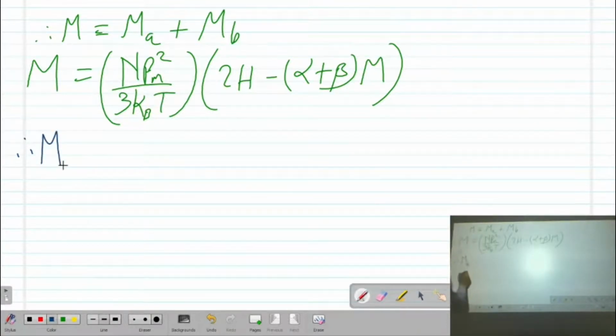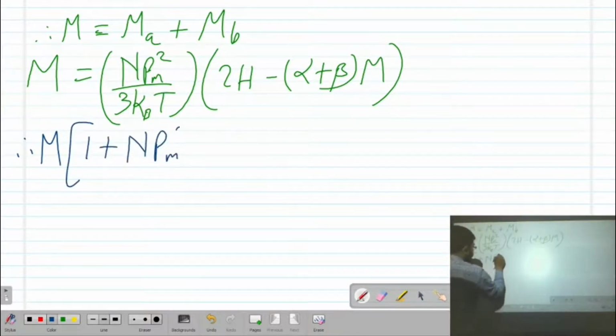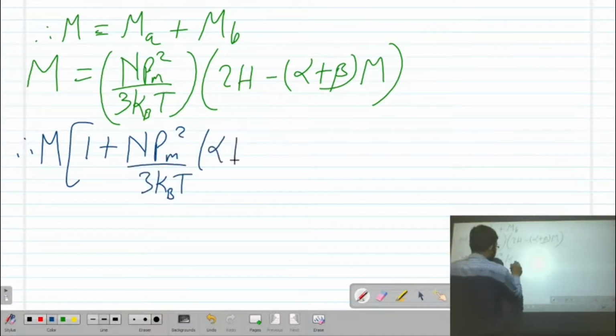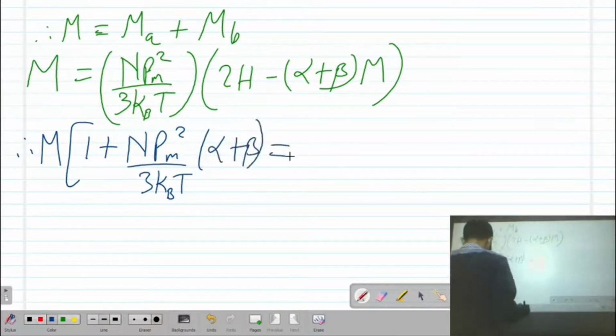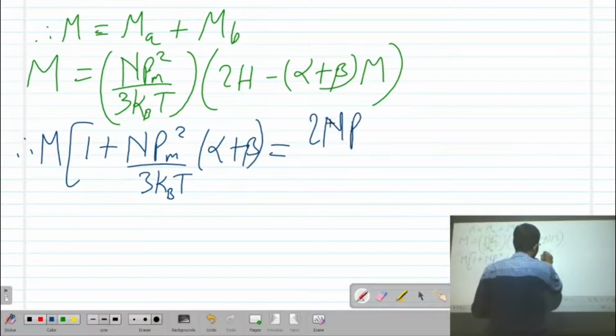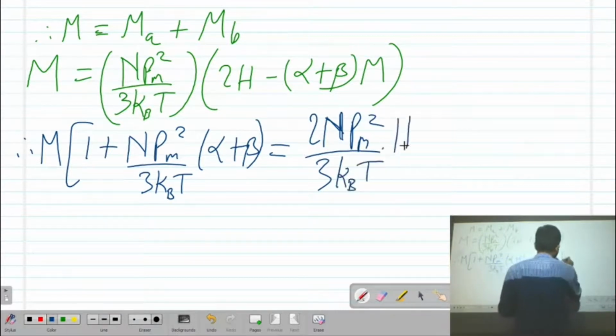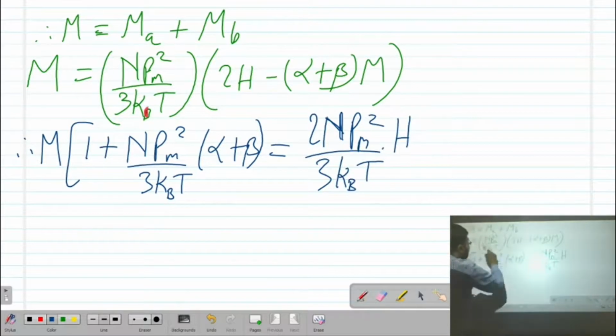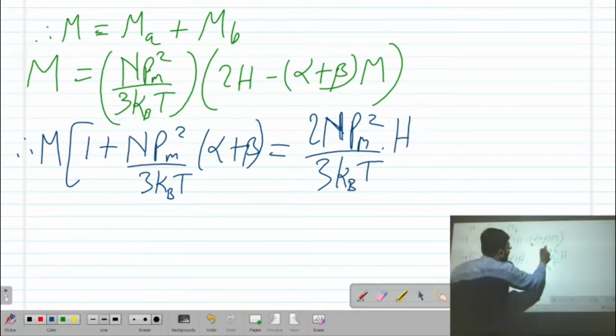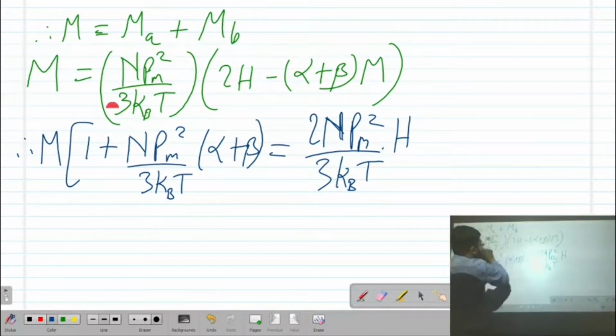So we will have N into 1 plus N P m square by 3 K B T into alpha plus beta, equals 2 N P m square by K B T times H. Remember, I am just multiplying this term with these two, and this multiplied by this has been taken to the other side, and I have taken M common.